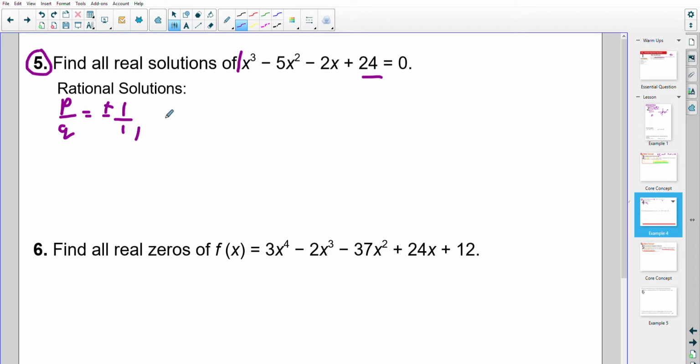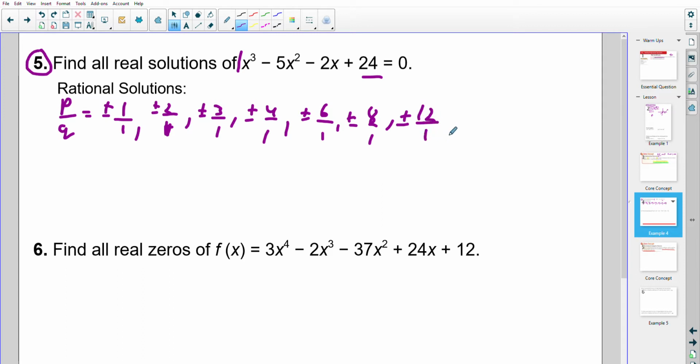1 only has 1 as a factor, so it's going to be plus or minus 2 over 1, plus or minus 3 over 1, 4 over 1, 6 over 1, 8 over 1, and 12 over 1 and 24 over 1.